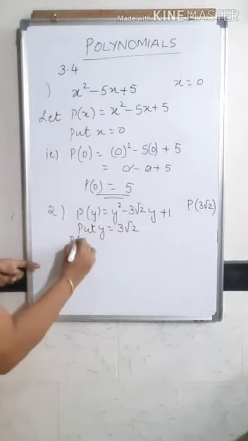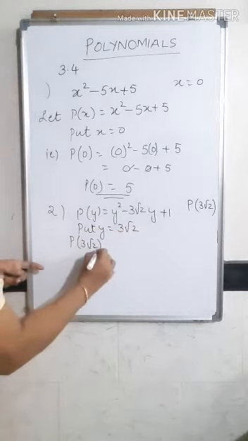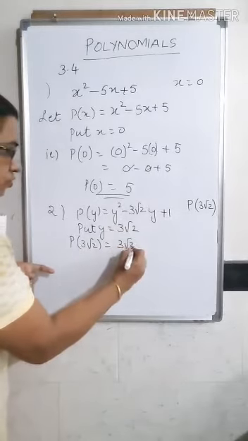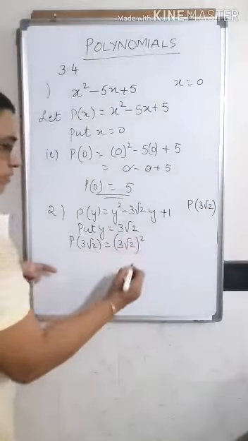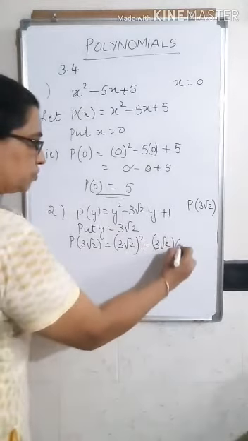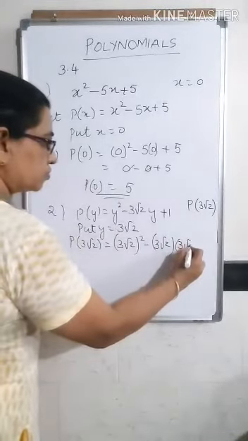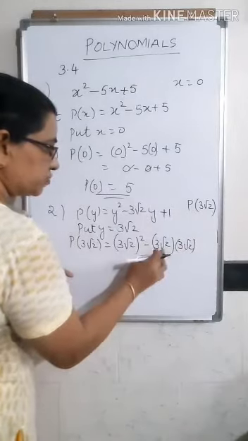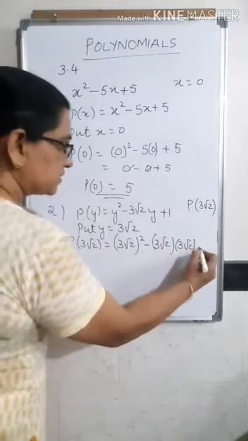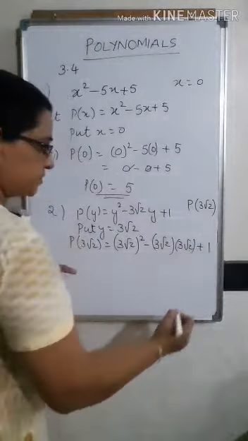So p of 3 root 2 is equal to, in place of y you write 3 root 2 whole square minus 3 root 2 into 3 root 2. The 3 root 2 is written as it is, and the y value is again 3 root 2, so write it as it is. The last term is 1.